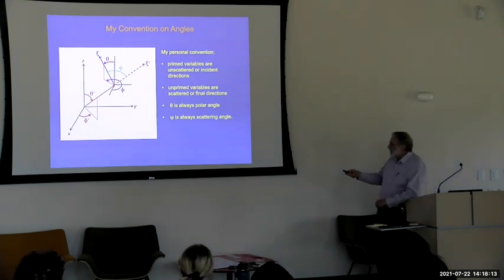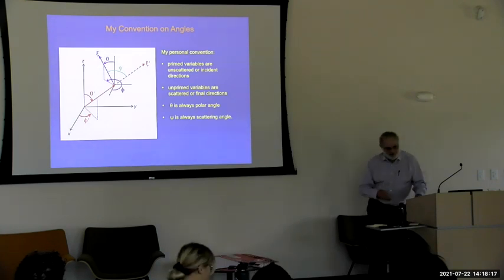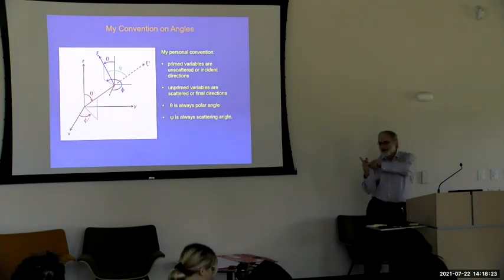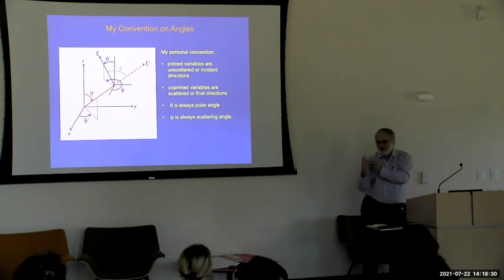In this case, phi is in this coordinate system. When you're doing polarization, you usually have to use a local coordinate system where you think of a z-axis going in the direction of the light, and then you have to come up with some xy coordinates, and the alpha is in those coordinate systems.